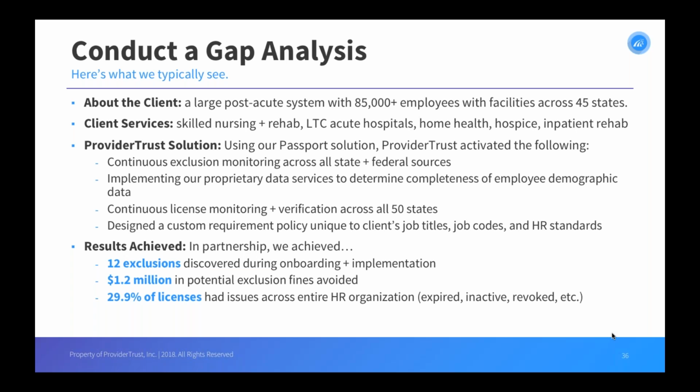The RNs that work at your systems, the physical therapists. What we typically find is there's about a 30% delta there in what you should have based on what you define as your requirements versus what you do have, and the ones that you do have being active, valid, and having no issues. So I'd recommend just doing this exercise.